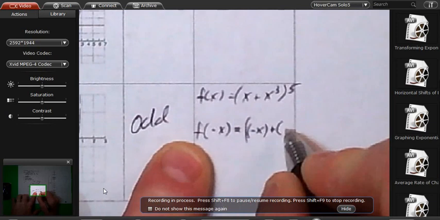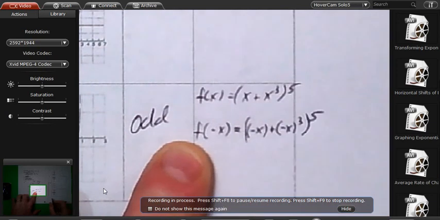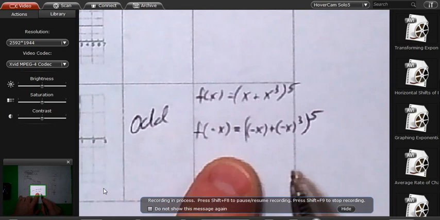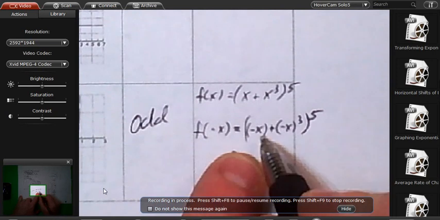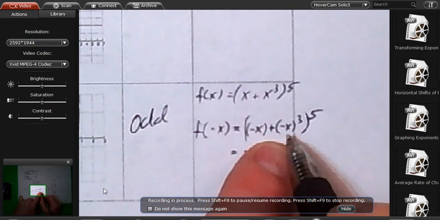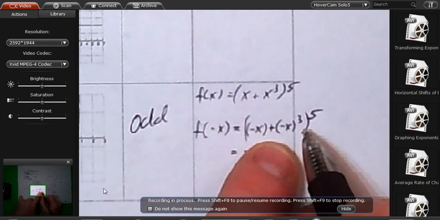So let's simplify. Negative x is just negative x, right? Negative x cubed would come out to be what? Positive or negative? Negative. So negative x cubed raised to the fifth.